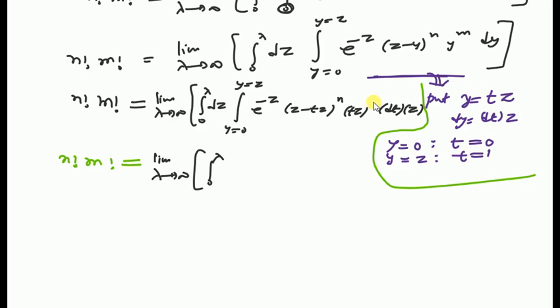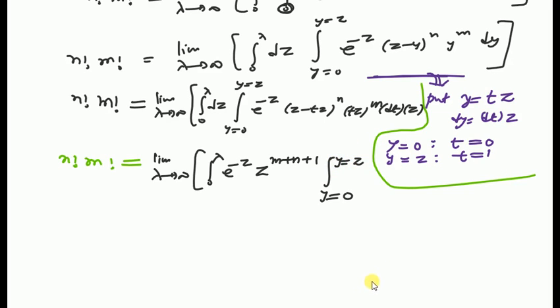So what I have here is e power minus z, z power n, z power m, z power 1, that is z power m plus n plus 1. Then of course y goes from 0 to z.